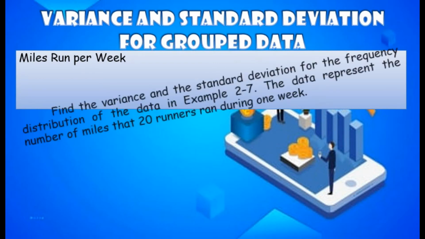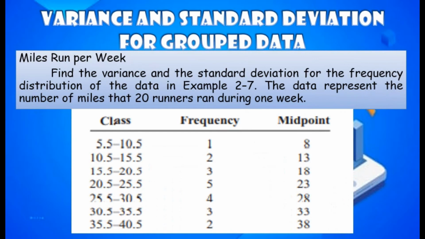Variance and standard deviation for grouped data. The procedure for finding the variance and the standard deviation for grouped data is similar to that for finding the mean for grouped data, and it uses the midpoint of each class. So for example, we have here miles run per week. Find the variance and the standard deviation for the frequency distribution of the data in example 2-7.